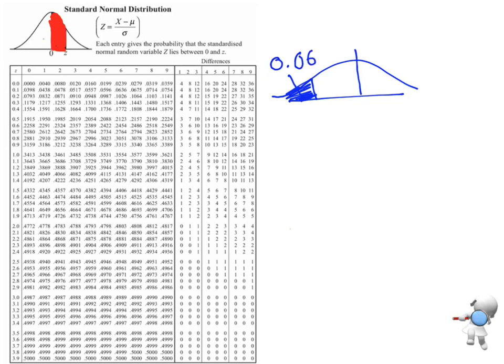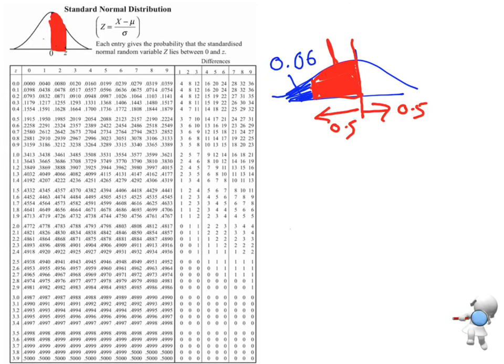Now I also know if it's a normal distribution, it's going to be symmetric. From the mean, 50% of the data is on one side and 50% of the data is on the other side. So to find this area here, I know that the little tail is 6%.